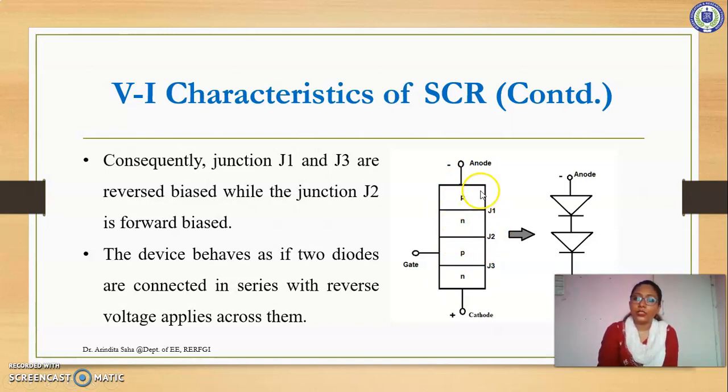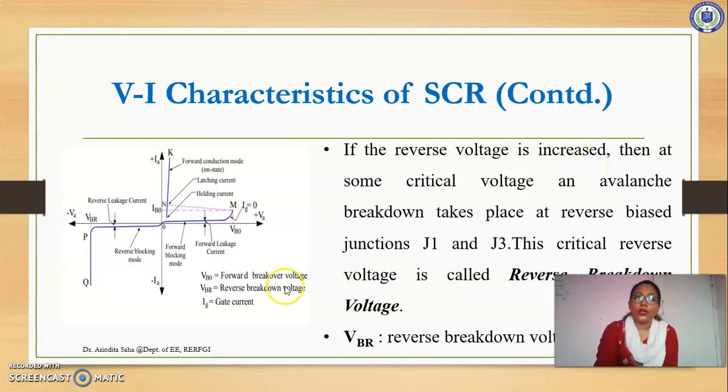We can imagine this structure as two diodes connected in series with the reverse voltage applied across them. In this condition, a very small amount of current, in the order of milliampere or microampere, will flow, which is the reverse leakage current.